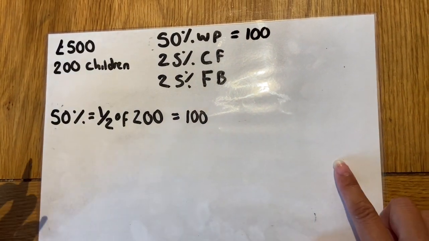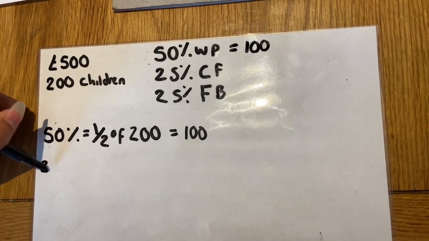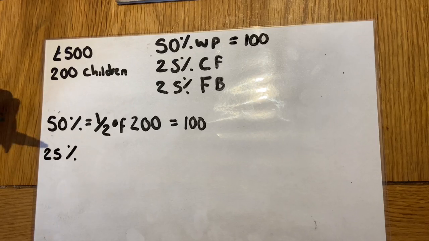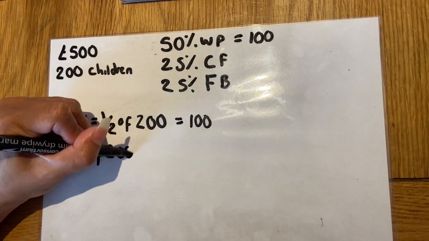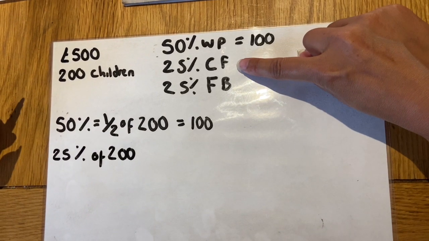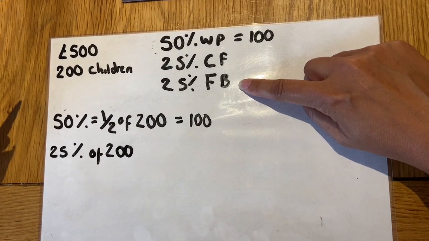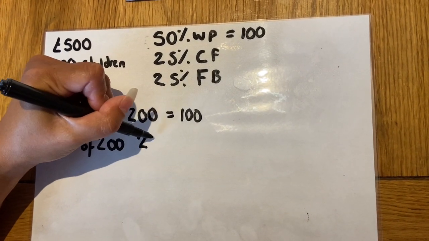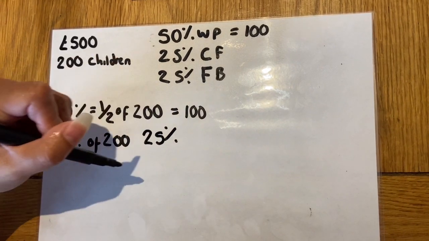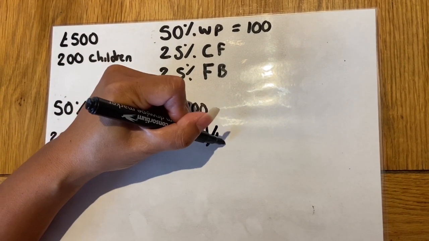Okay, voted for that. So the next one, how can we find 25% of 200? That's for the climbing frame and for the friendship bench. So 25% is equivalent to 1/4.